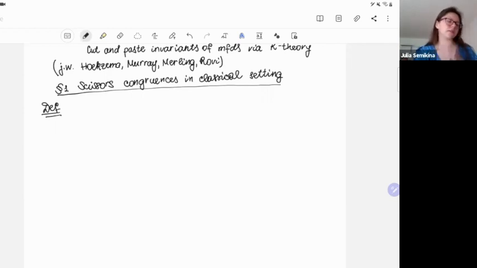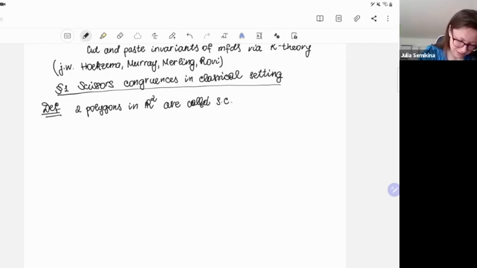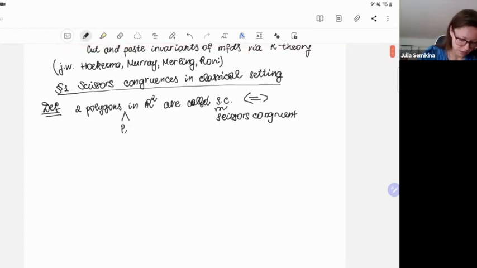So let's look at polygons in R^2, just on the plane, and we will call two polygons in R^2 Caesar congruent if and only if, let's call the polygons P and Q, we can decompose them into congruent pieces.